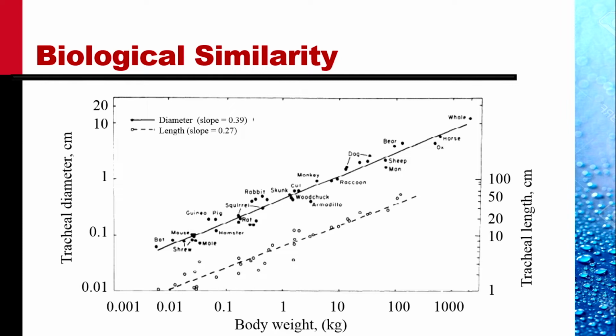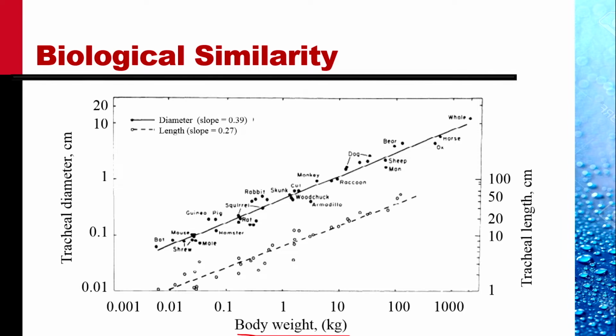This is some published data about various animals: tracheal diameters and tracheal length, the diameter of the trachea, the windpipe, and the length of the windpipe, plotted against the body weight of animals.